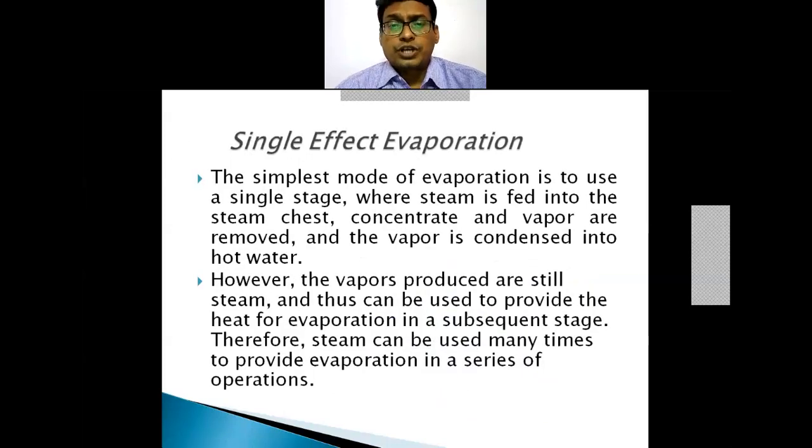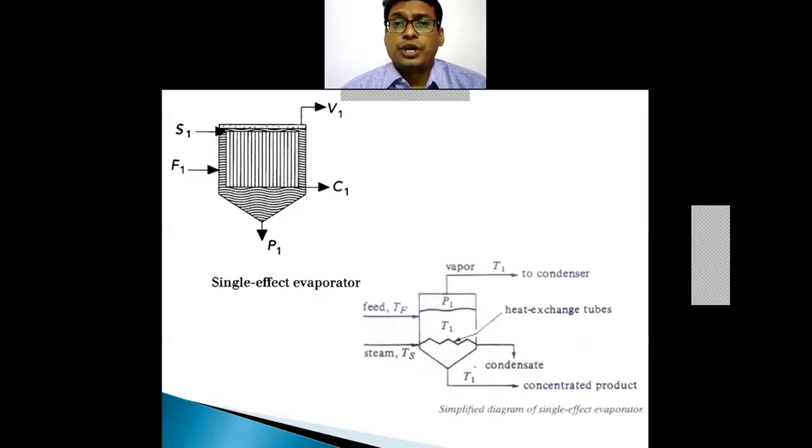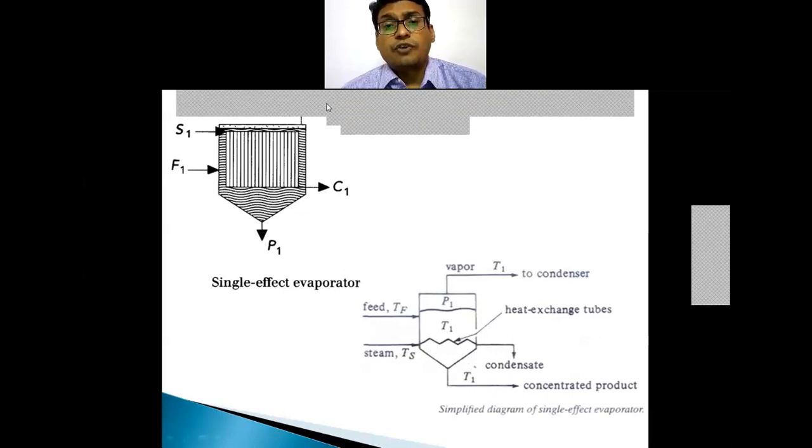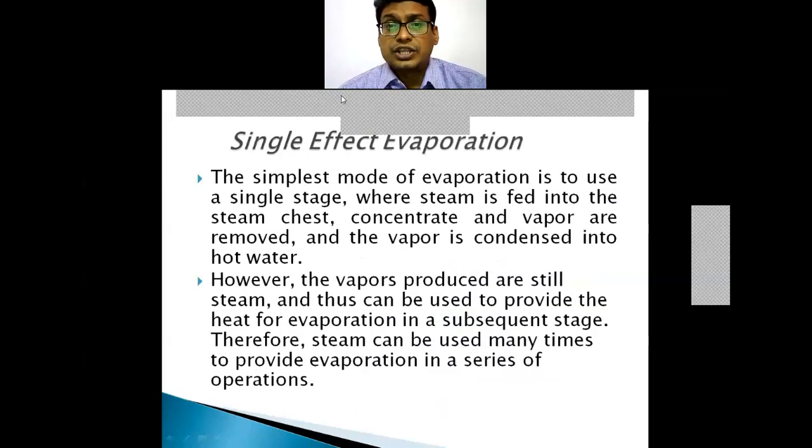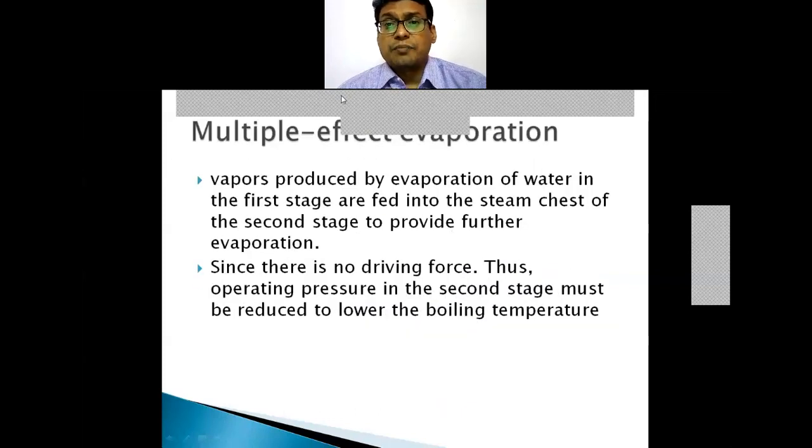Vapors produced are still steam, and thus can be used to provide the heat of evaporation in subsequent stages. Here the vapors are generated in the first stage, so can we utilize these vapors in the next evaporator? That makes the multiple effect evaporation system.